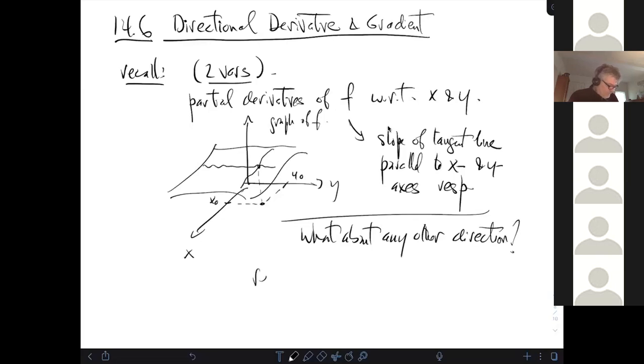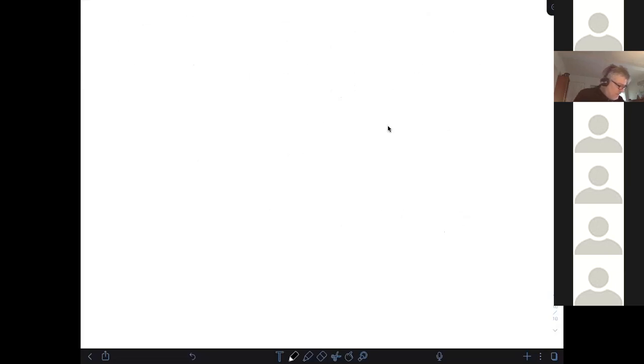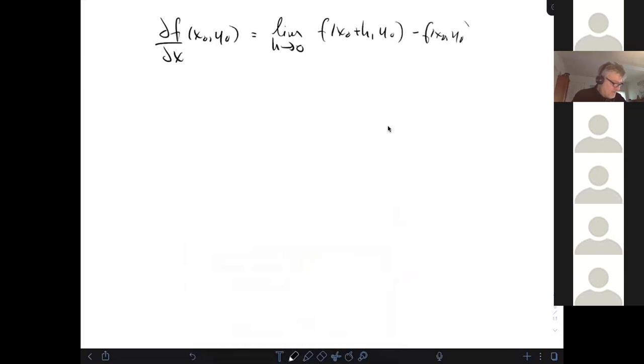Okay, so the partial derivative of f with respect to x at a certain point x0, y0. What is that? That's the limit as h goes to 0 of f of x0 plus h, y0, minus f of x0, y0, divided by h.